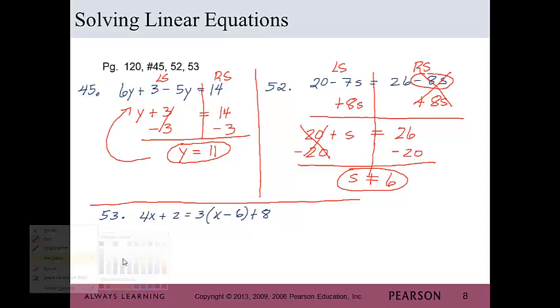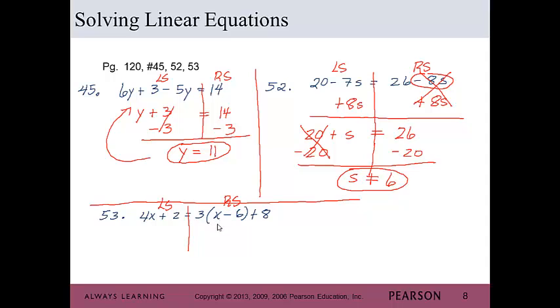And again, we come across an equation that looks completely different. But we're still solving for the variable x. We have x on the left side and we have an x on the right side. However, this time, on the right side, we notice that our variable is inside parentheses.